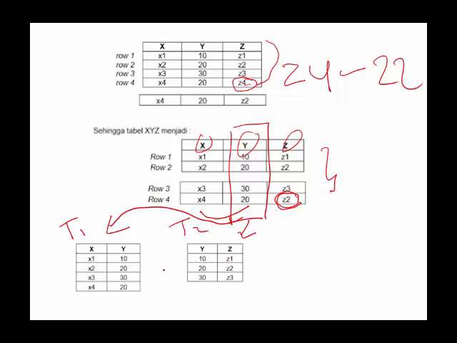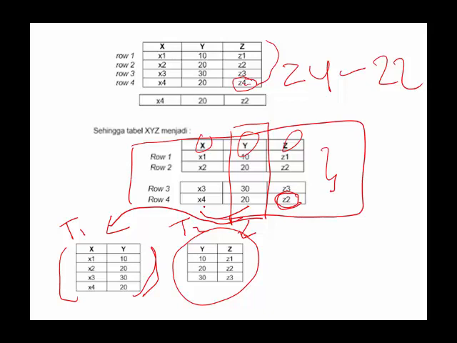In the x attribute we have x1 until x4, and the y attribute 10, 20 and so on. And in table 2 we have this data. What if we try to combine it again? Will it give the same result as the universal table or not? So we should try it.